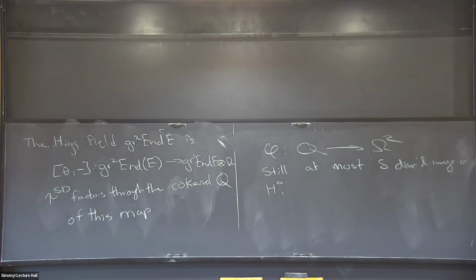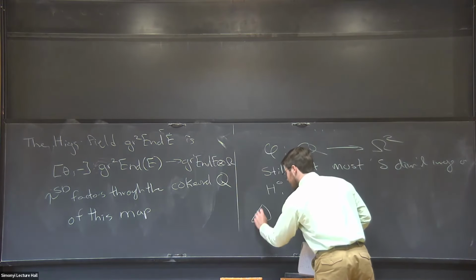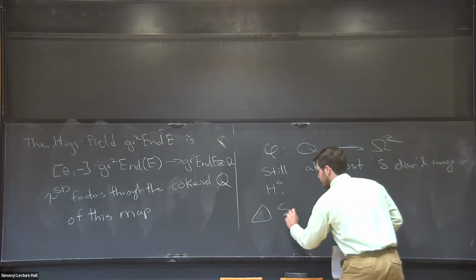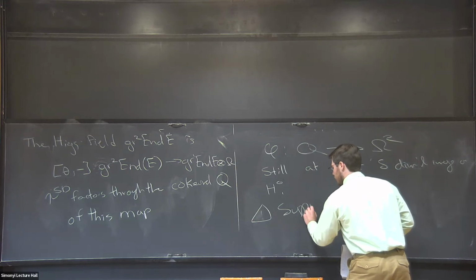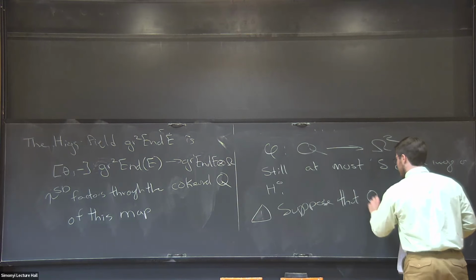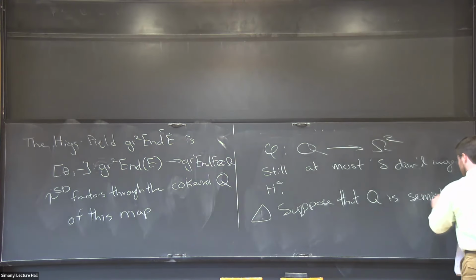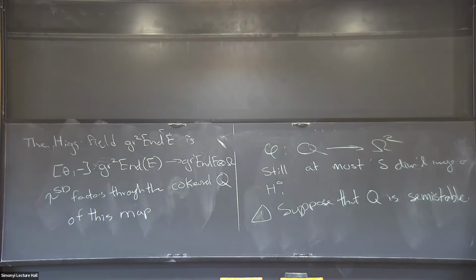Okay. So now let me make an assumption that's actually false. So suppose that this is semi-stable. So suppose that Q is semi-stable. This is not true. I have no reason to believe this is true.